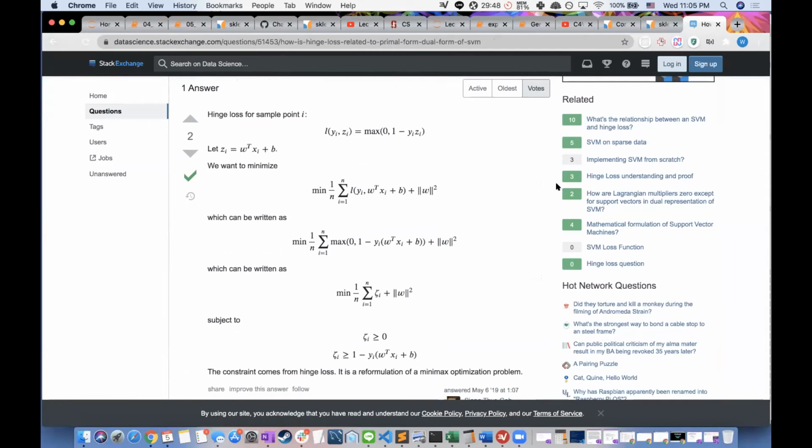I think squared hinge loss has to do with L2.